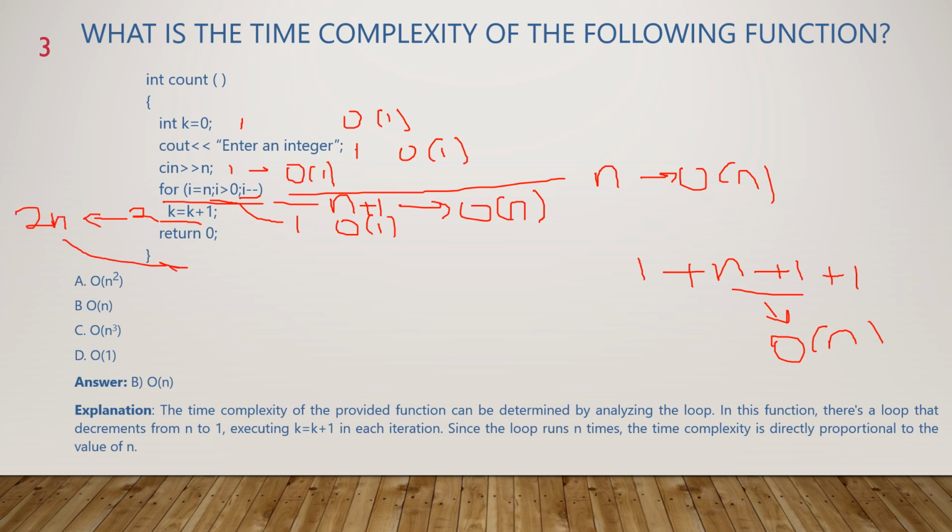The running time or time complexity of this function is also big O of n. And this is constant, big O of 1. Based on this analysis, the maximum or the worst case time complexity is big O of n. The answer is B.